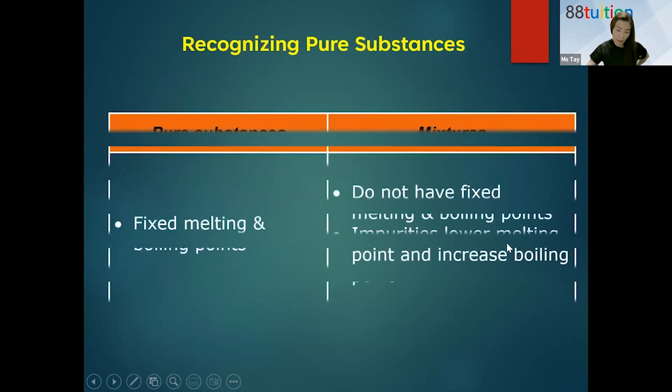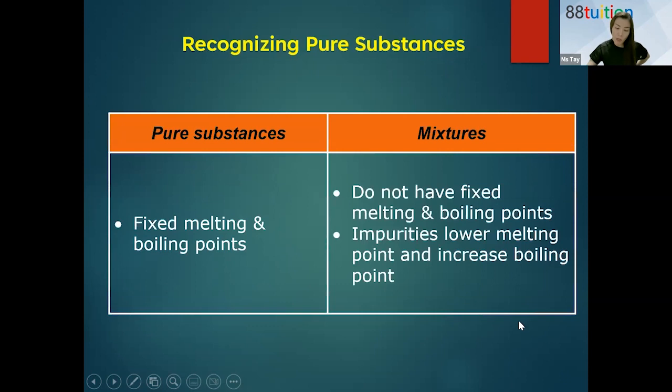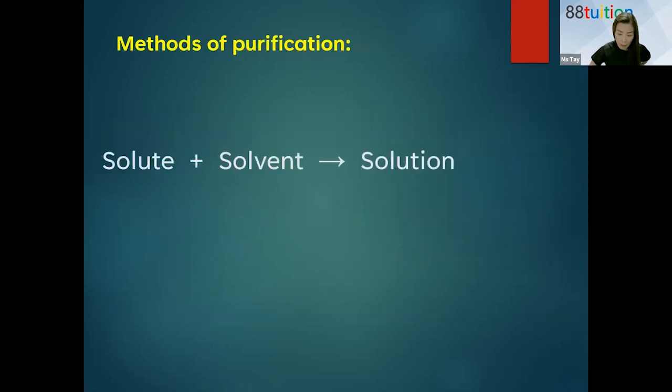So how do we differentiate pure substances from mixtures? Pure substances, take note, have a fixed melting and boiling point. Mixtures do not have a fixed melting and boiling point. Impurities will lower the melting point and make the boiling point higher. Now, this was also covered in the last two lessons.